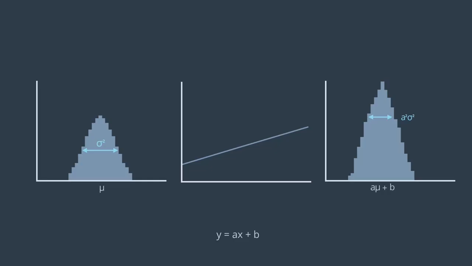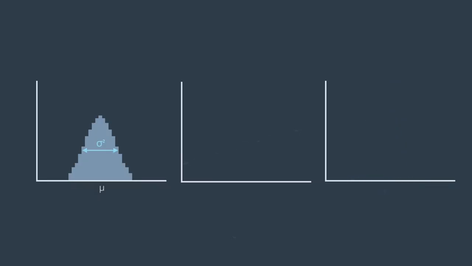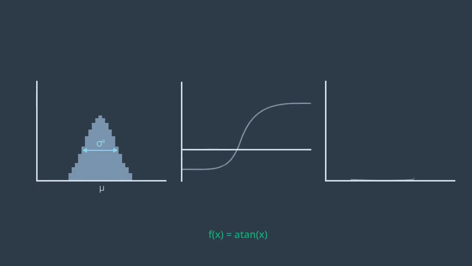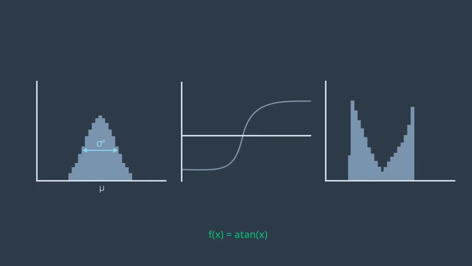Now, what happens if the transformation is nonlinear? Let's look at another example. Once again, the prior distribution is a unimodal Gaussian distribution with a mean of mu and a variance of sigma squared. But now, the function f of x is clearly nonlinear. The resultant distribution is no longer a Gaussian, as can be identified from its shape.